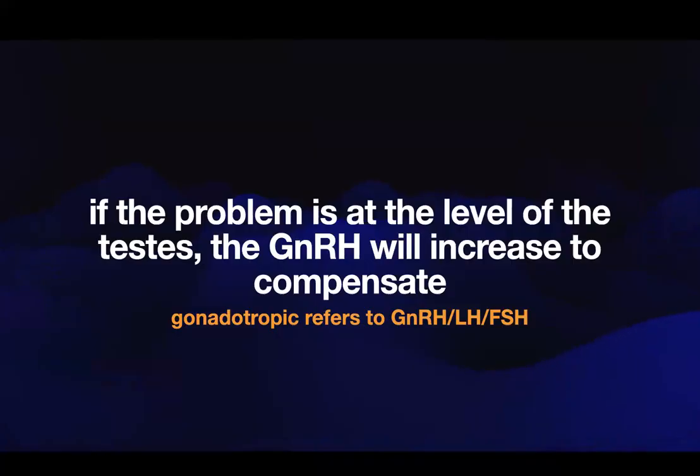To recap, if the problem is at the level of the testes, the GnRH will increase to compensate, and we're going to have an increase in the levels of LH and FSH. So we say that this is an example of hypergonadotropic hypogonadism, or primary hypogonadism. If the problem is higher, at the level of the hypothalamus or the anterior pituitary, LH and FSH are going to be low, so it's going to be hypogonadotropic hypogonadism.